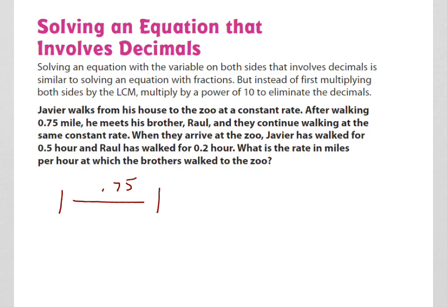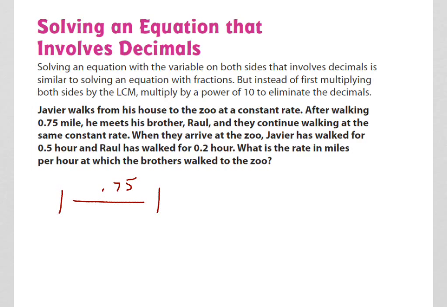Still hadn't gotten to the zoo. And then when he met his brother, they continued walking at the same constant rate. When they arrived at the zoo, it said Javier has walked for 0.5 hours and Raul has walked for 0.2 hours.